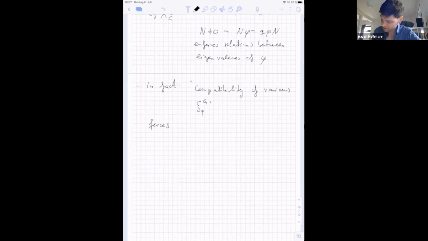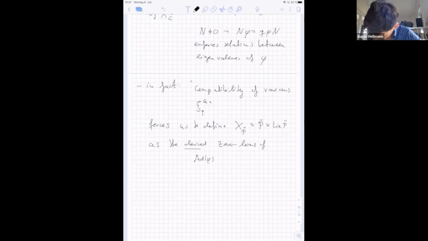Okay, so this forces us to define this x p check, which was in p check times its Lie algebra, not as the zero locus, but to define this as the derived zero locus of this set of equations, adjoint of phi applied to n is q to the minus 1 times n.